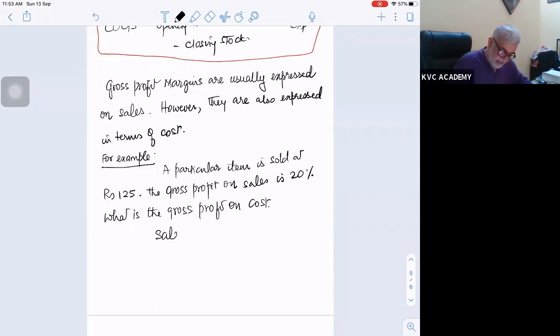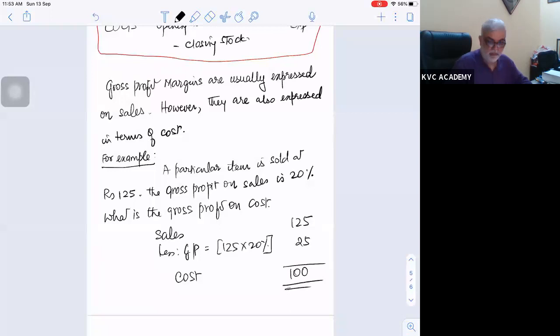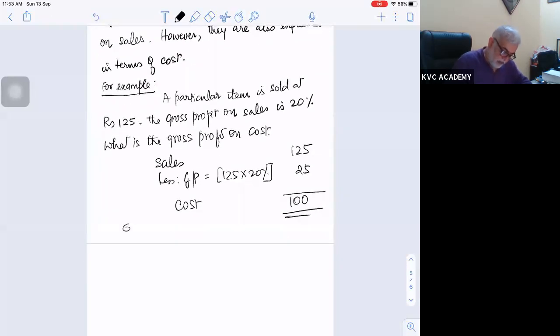What is the sales? 125 less gross profit, which is 125 into 20%, that is 25. So what is the cost? 100. Now the gross profit on sale means 25 by 125, that is 20%.